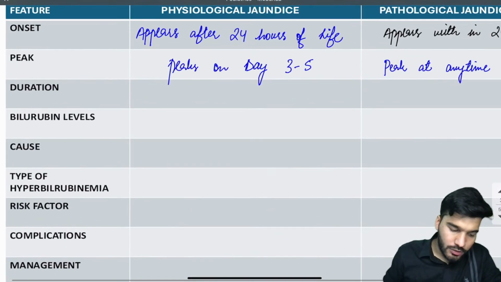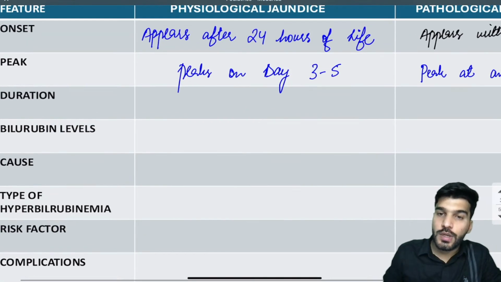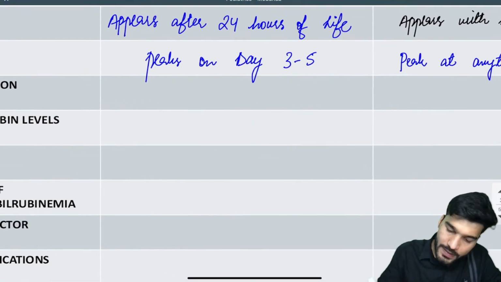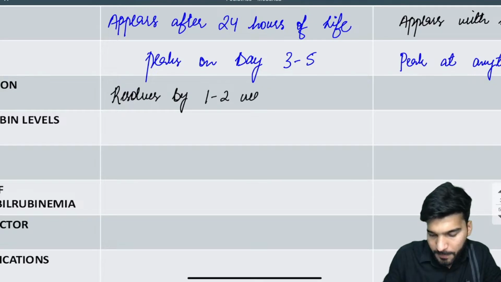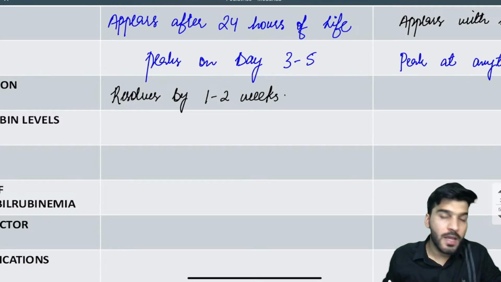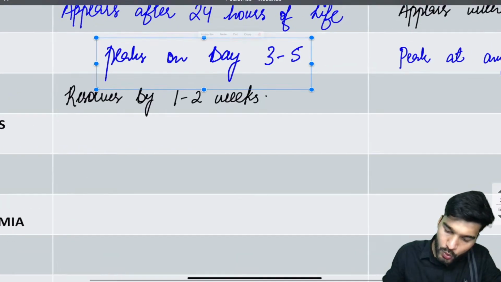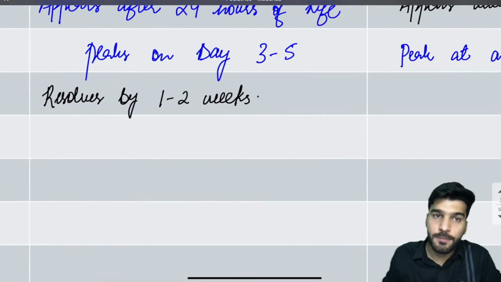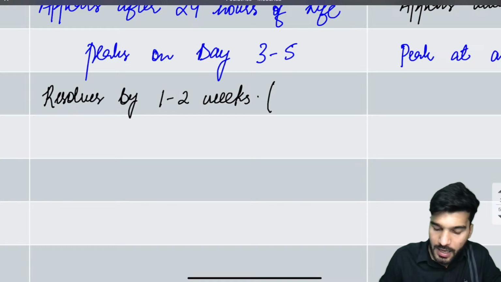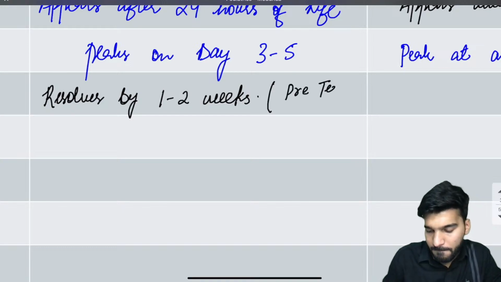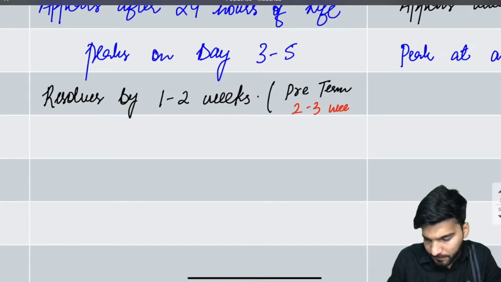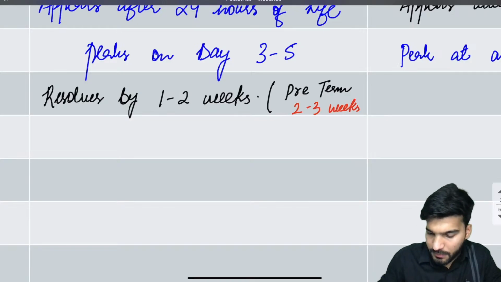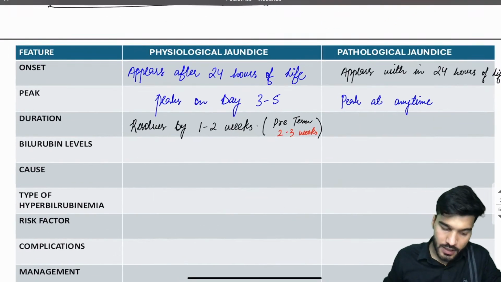Followed by that, the duration. Physiological jaundice resolves by 1 to 2 weeks if term, and 2 to 3 weeks if preterm.